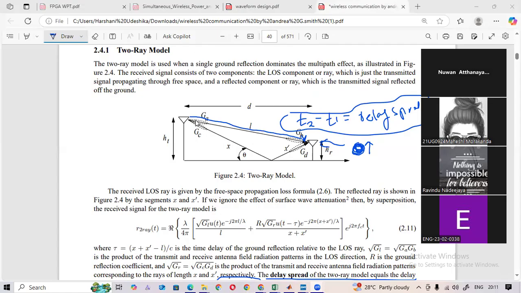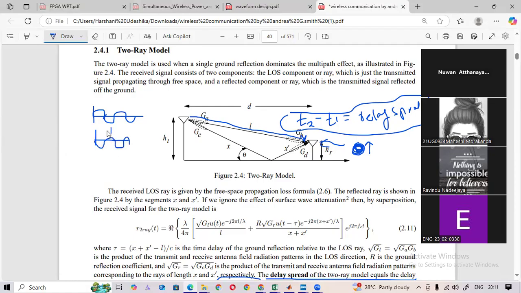So here you have one signal and here you have another signal, no? So what happens? The first signal you will be having like this. This is the first received signal. After the delay, which is again related with the phase, let's say that it has a π phase shift. So your next signal will be like this.